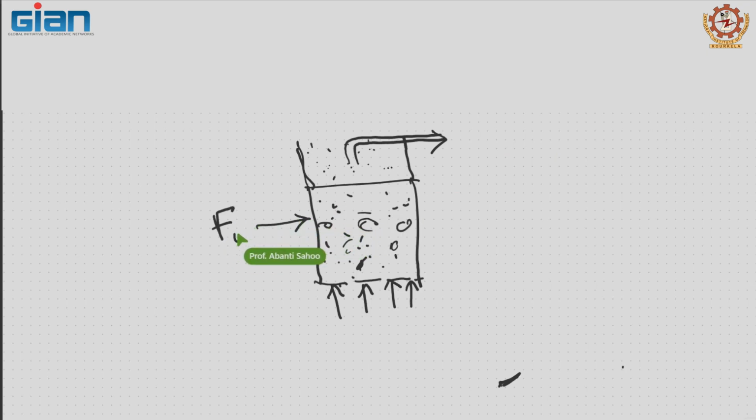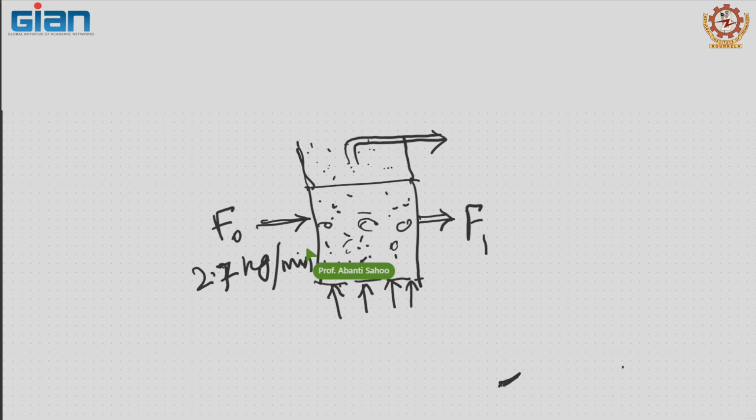If your feed is F0, and here the overflow is F1. Here F0 is 2.7 kg per minute, consisting of both coarse particles and fine particles, and the overflow is 1.7.